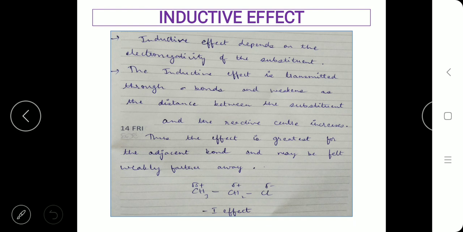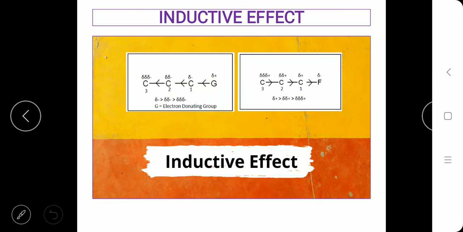So, let us look at the two types of inductive effect, which are the plus I effect and the minus I effect. For the plus I effect, usually the substituents are electron donating groups, and for the minus I effect, they are electron withdrawing groups. On the left side of the screen, you can see a letter G bonded to three other carbon atoms, C1, C2 and C3.